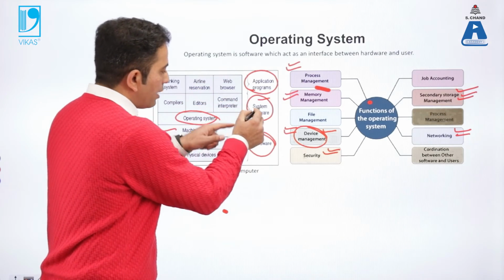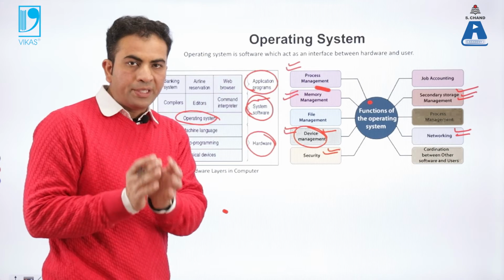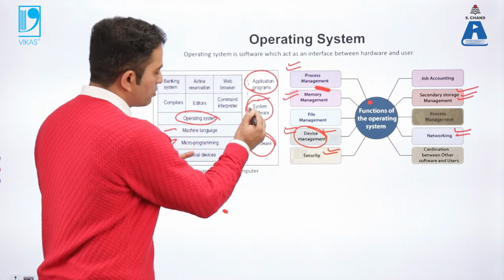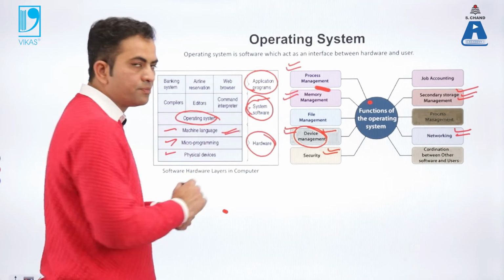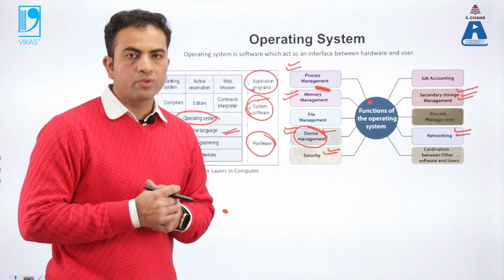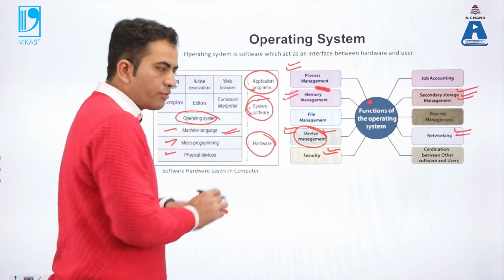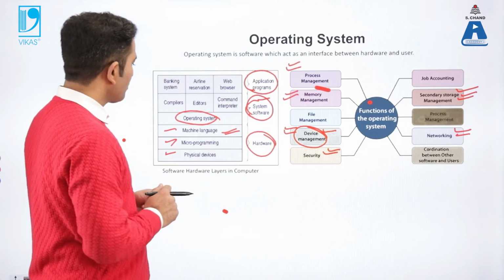Because with the help of this system software, the instructions which are associated with the printer only will be communicated to the hardware, and then your hardware performs some actions and you get the output in terms of page printing. So system software are drivers.